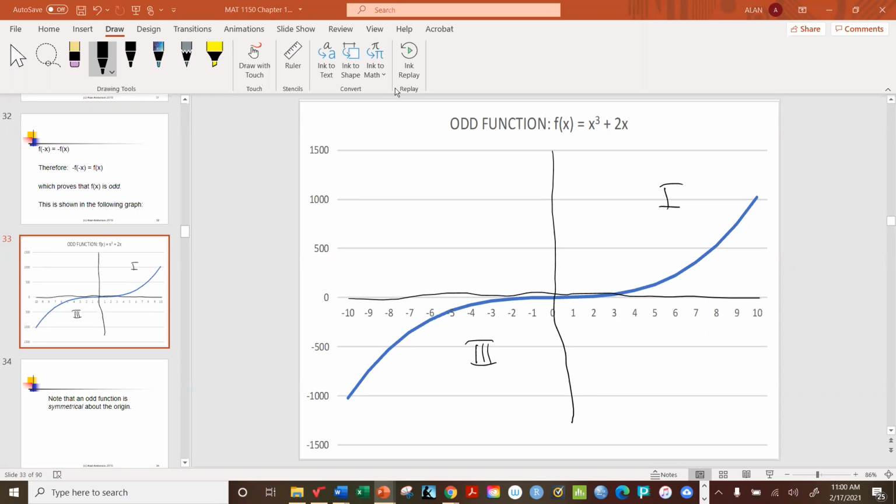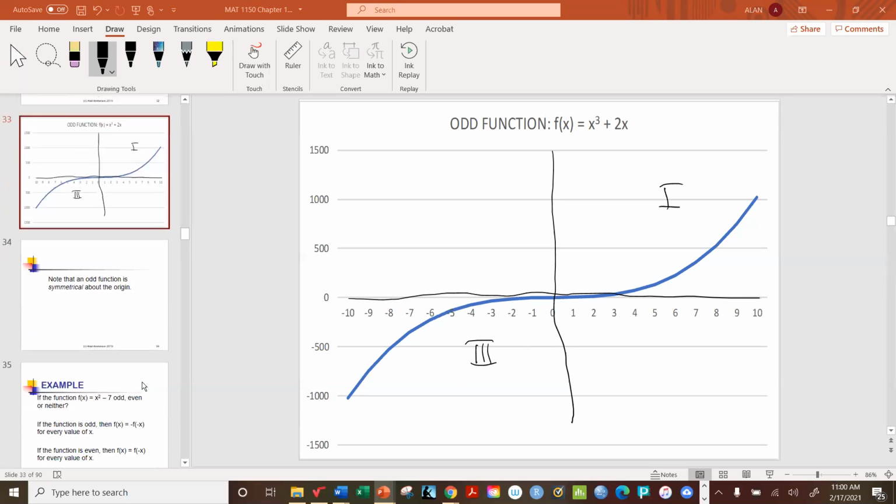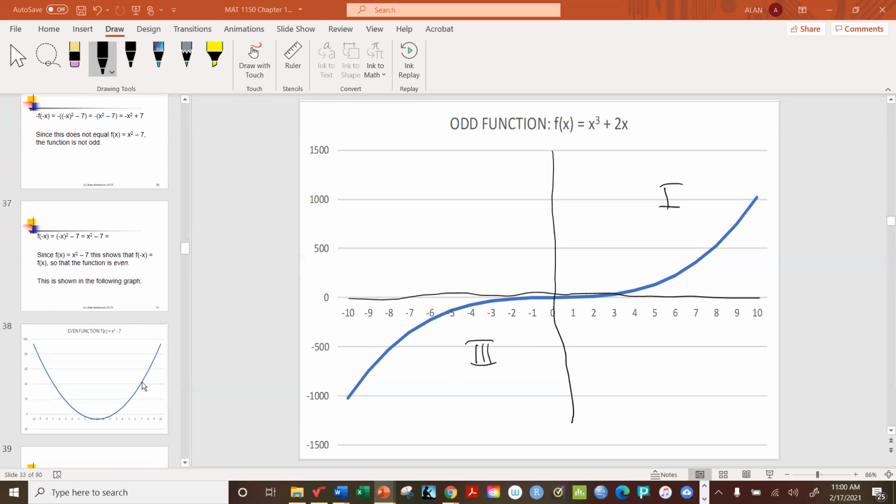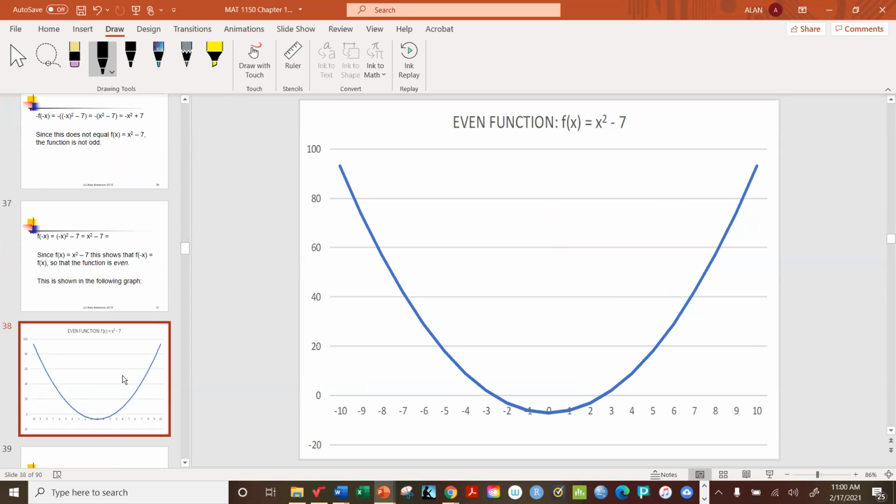Yes, go ahead. So since odd functions and even functions seem to be inverses of one another, does that mean the graphs for even functions are going to be asymmetrical? Let's see. I hope I have an example down here. Here's one. This is an even function. We'll prove it in a bit. And you can see, so I think the logic here is this.